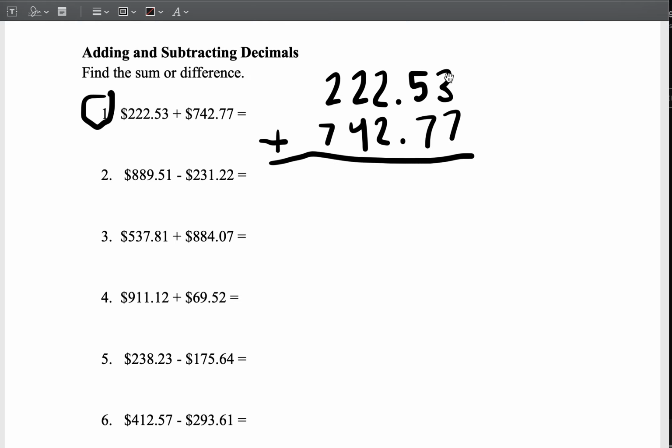Just add like usual. 7 plus 3 is 10, so put the 0 here. The 1 as a reminder, 7 plus 5 is 12, plus 1 is 13. So put the 3 here, 1 here.